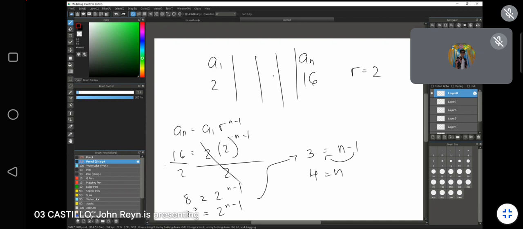That is your aim, no? Same base first. But if you cannot, then there's no way to solve for letter n. Remember that n is referring to the nth term, which is the fourth term.